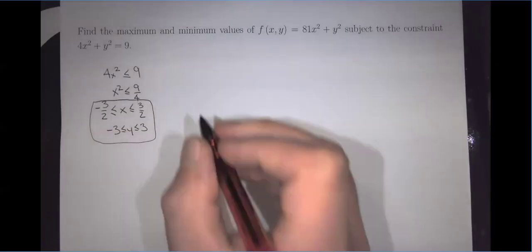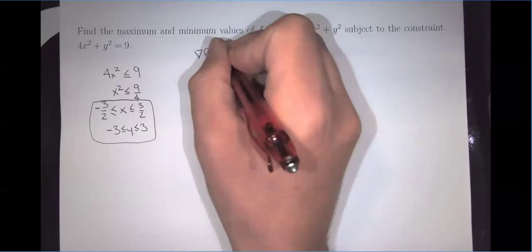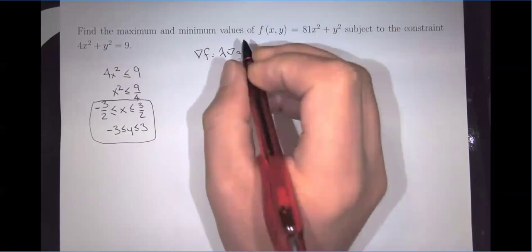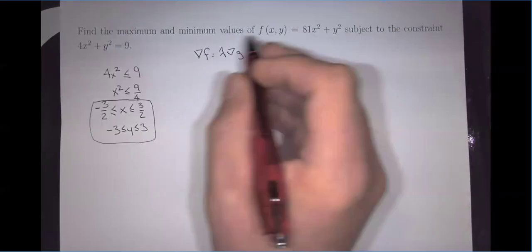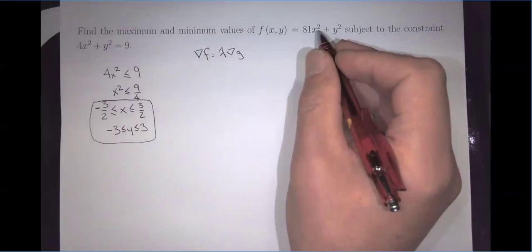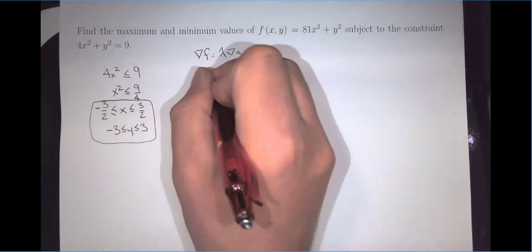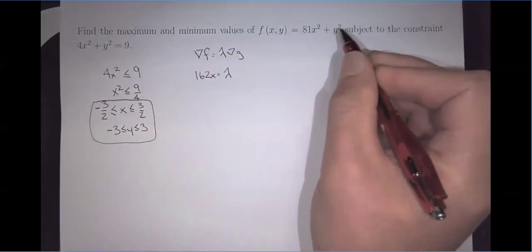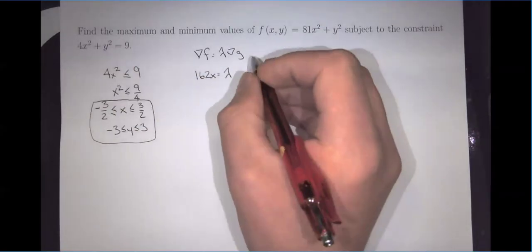Now, we also need to look at the gradient of f equals lambda times the gradient of g. Okay, so in this case, the gradient of f, if we look at this with respect to x, is 162x is equal to lambda times the gradient of this guy, which is 8x.